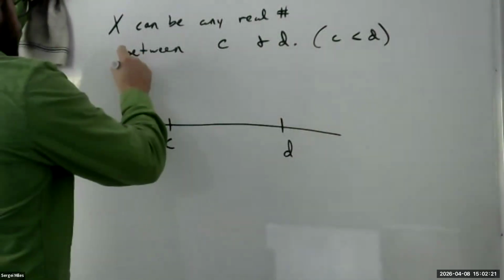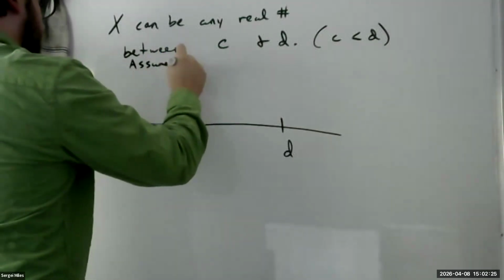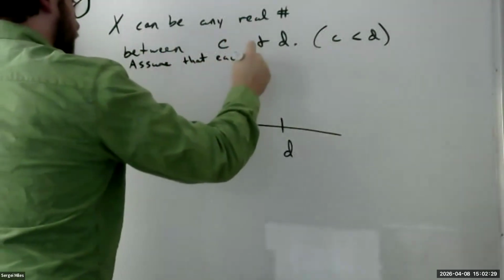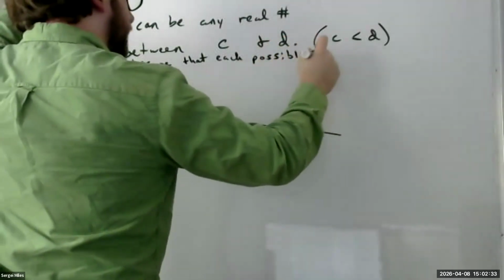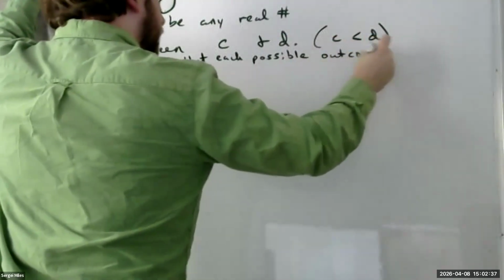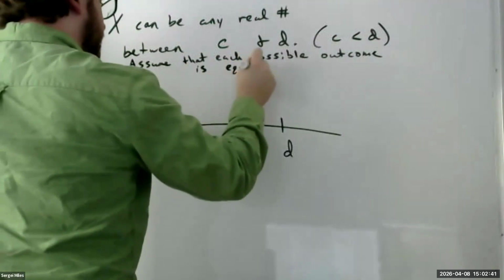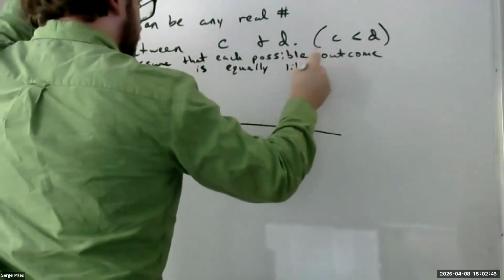Now, assume that each possible outcome of the random variable is equally likely.